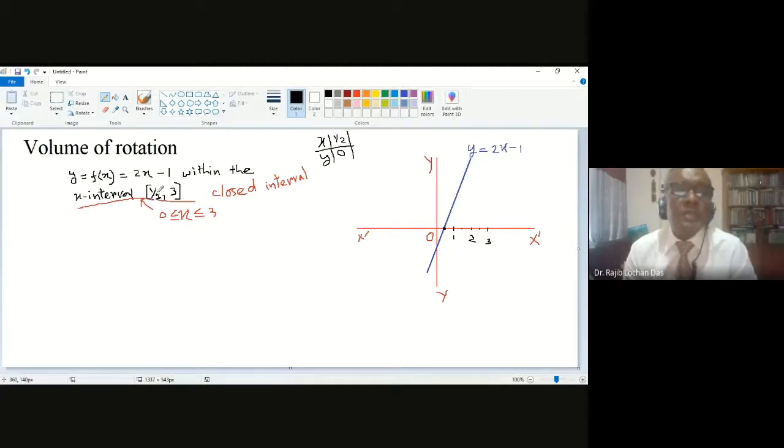Now I am taking this as the lower boundary and the upper boundary is 3. So if it is 3, then what will happen actually? It will go a little higher, right? It will go a little up. No problem, let us take the range as 2.